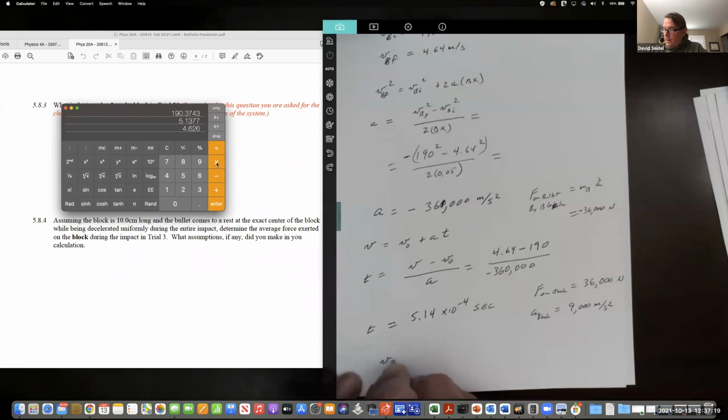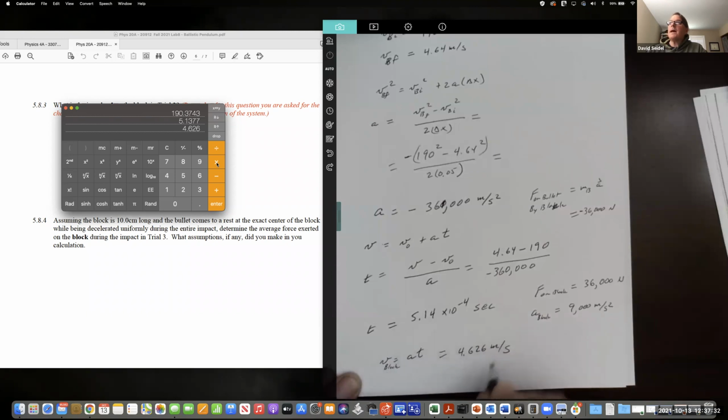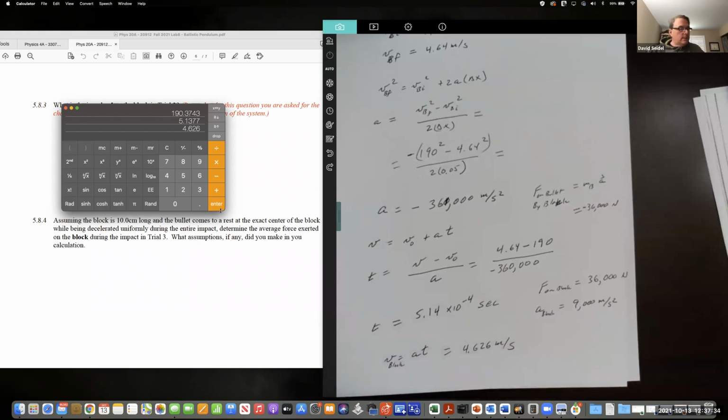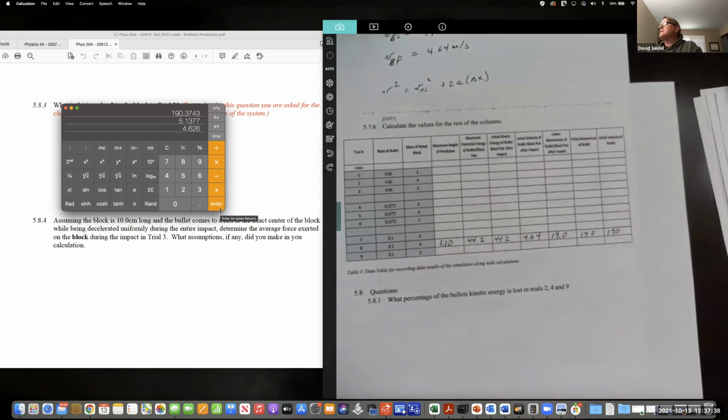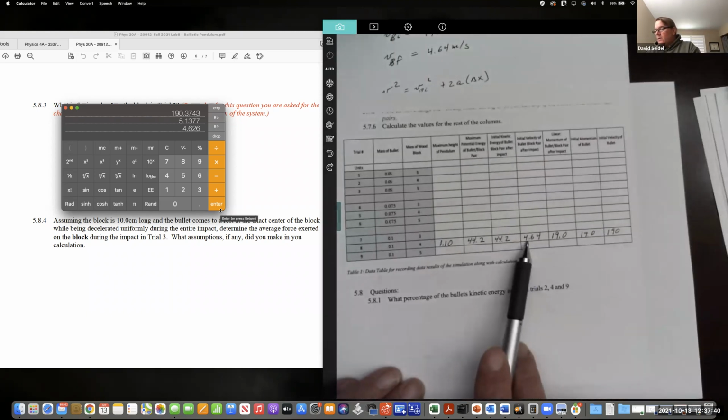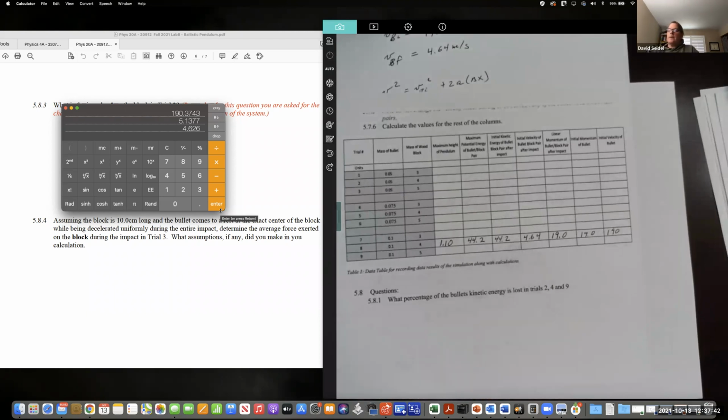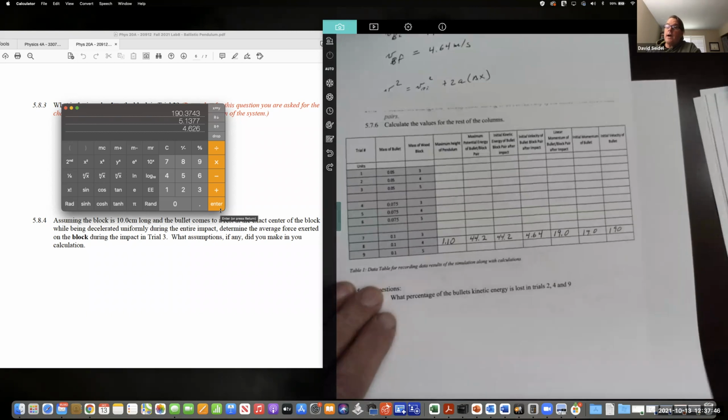So V is equal to AT for the block. And that's going to equal 4.626 meters per second. That's very small error with the 4.64 I got here. So there's very small error introduced due to the block moving.